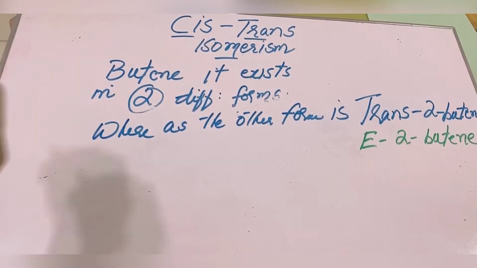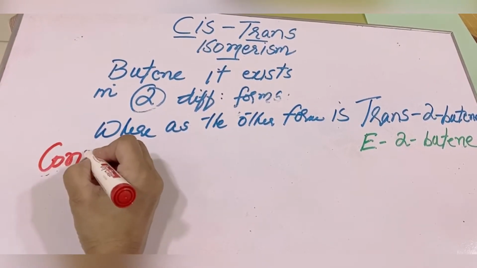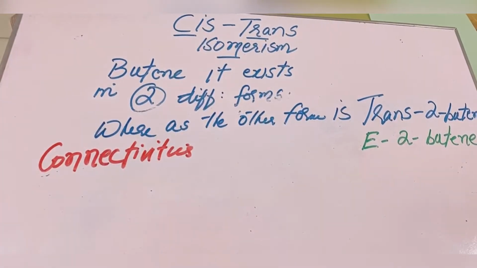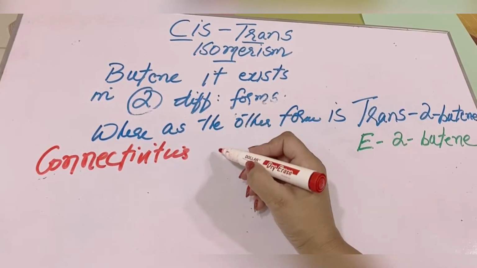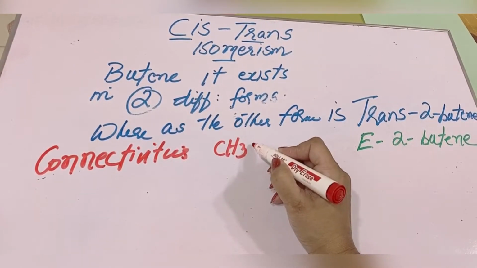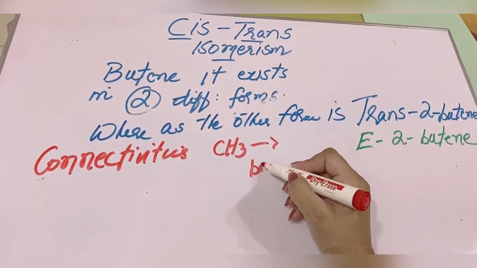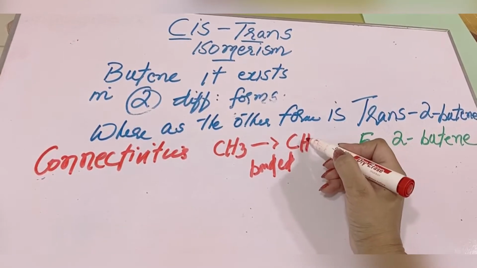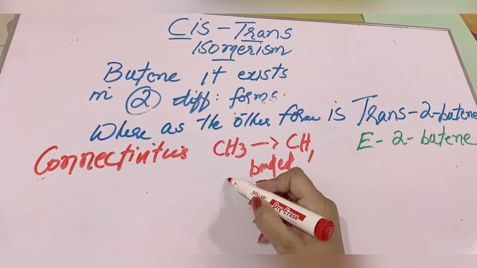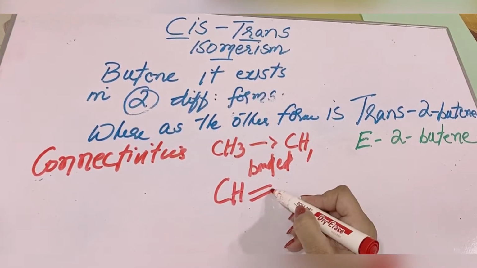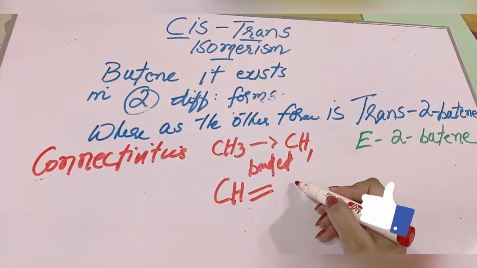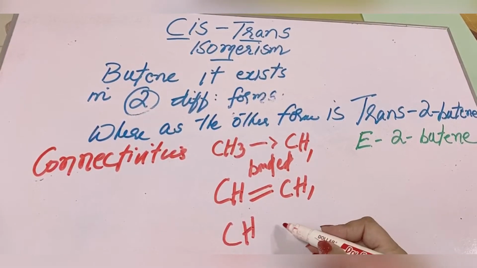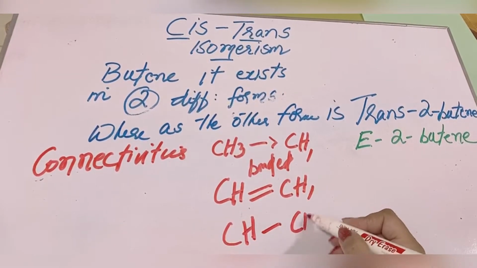Now, if we talk about the connectivities, the connectivities are like that: the methyl group is bonded to CH, and then CH is doubly bonded to another CH, and then again CH is bonded to CH3.